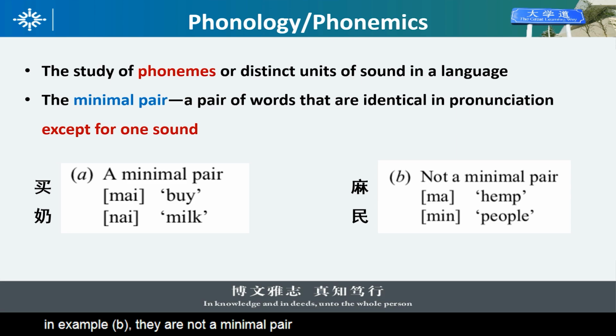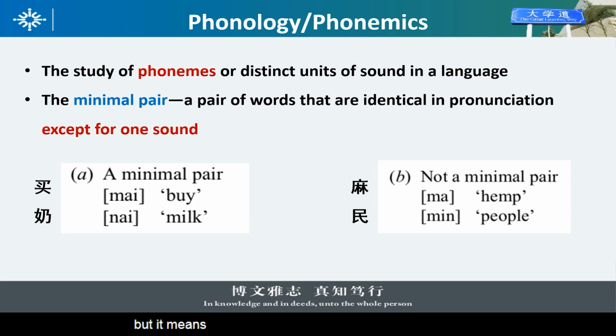While in example B, they are not a minimal pair, because you also have 2 syllables here, ma and min. They are different, but not by only one unit or one basic sound. In ma, the a is the same part and m is the different part.